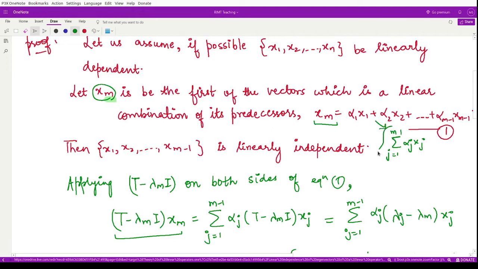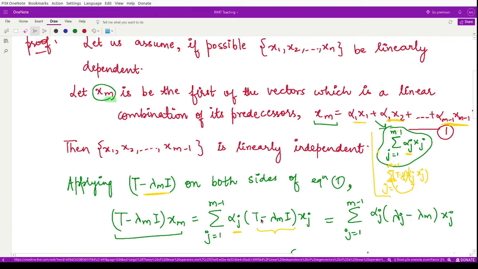When you apply the operator T minus lambda m I onto this, you will have summation j from 1 to m minus 1 of alpha j times the operator T minus lambda m I applied onto xj. Because the alpha j's are numbers, they could be brought in front of this operator.